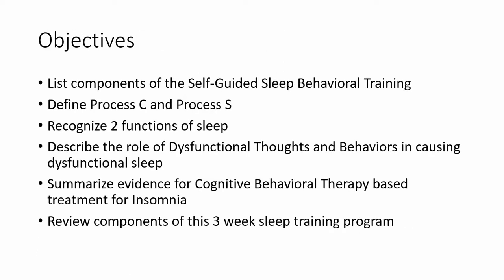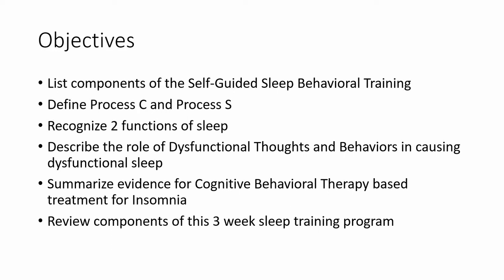These are our objectives. What we want to achieve for the next several minutes is to list the components of the sleep behavioral training. One of the main concepts that you want to take away is process C and process S. We want to recognize at least two functions of sleep. There are many more.